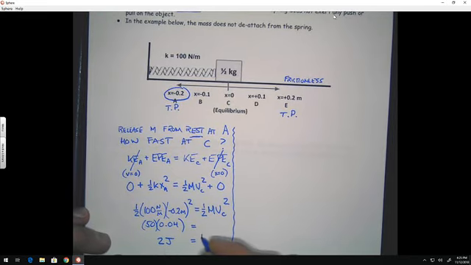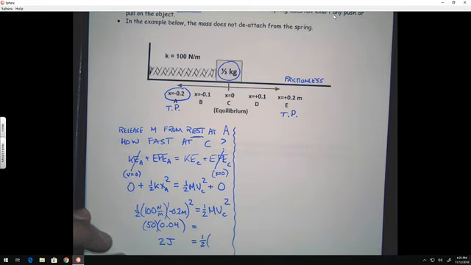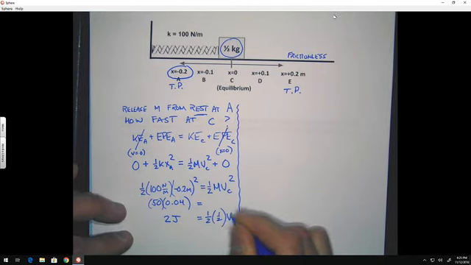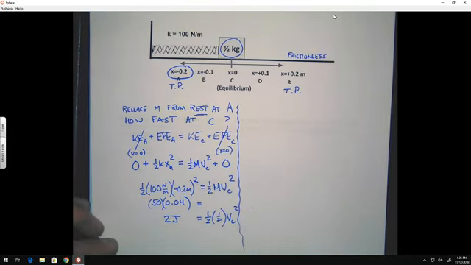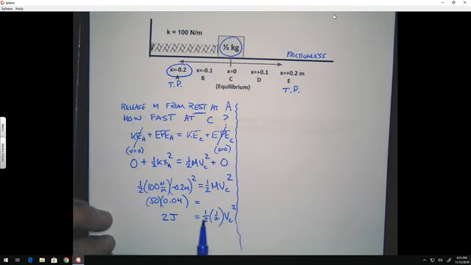And so we say that 2 joules is equal to 1/2 times the mass of 1/2 kilogram times the velocity at c squared. And so then we want to solve for the velocity at c. So this is 1/4. So 1/4 vc squared is equal to 2 joules.